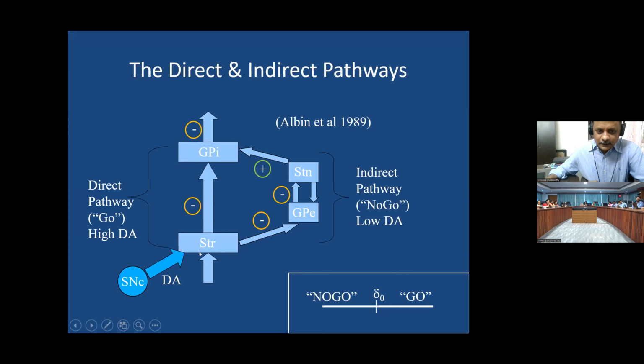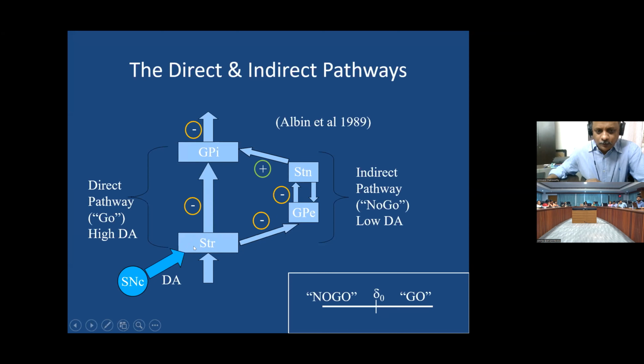There is a very interesting cellular machinery within striatum, and when dopamine is projected to striatum, it acts like a switch, or a valve, which enables the information coming from the cortex, the arrow coming from the bottom, to go either straight through the direct pathway or through the longer route, the indirect pathway. I'm simplifying it a little bit, but that's essentially what happens.